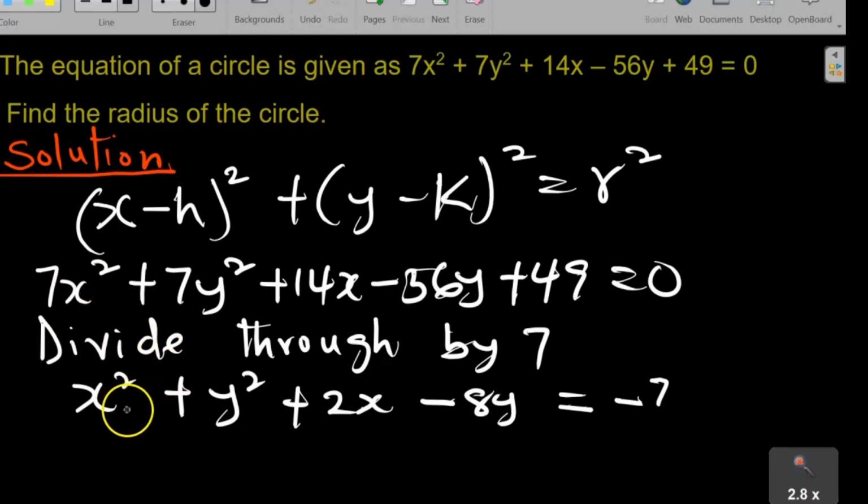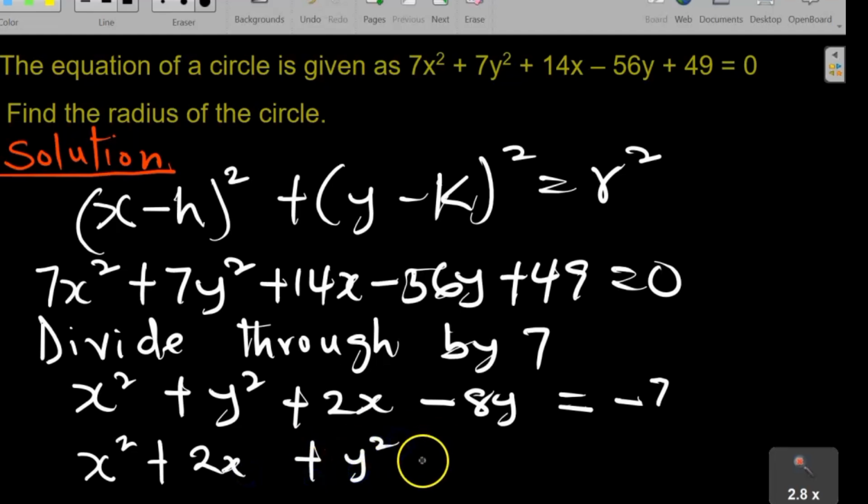Now all the variables that have x, I'll bring them together. So I have x² plus 2x, then plus y² minus 8y to be equal to minus 7.